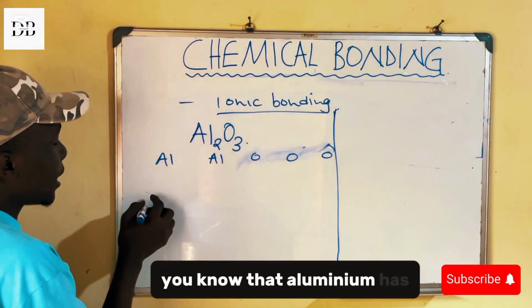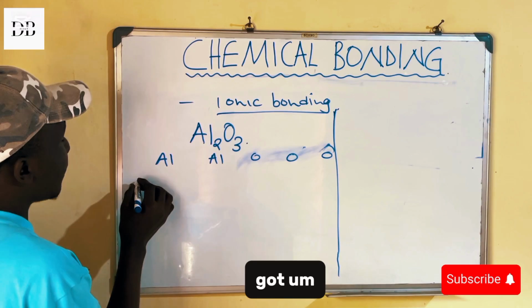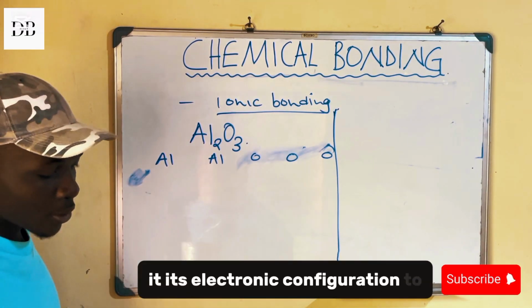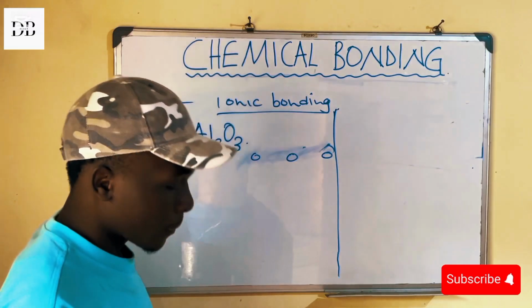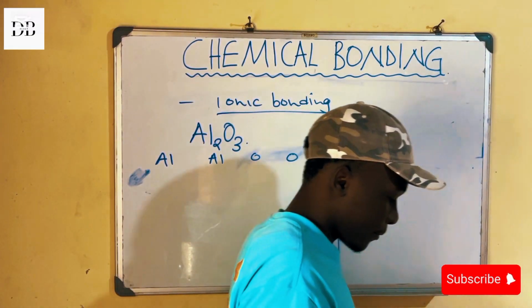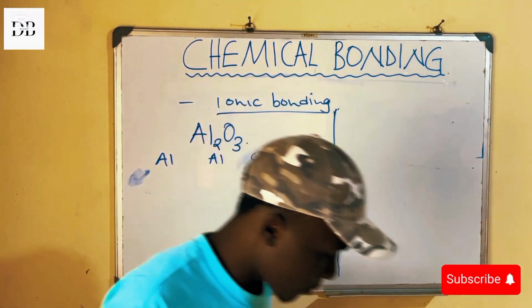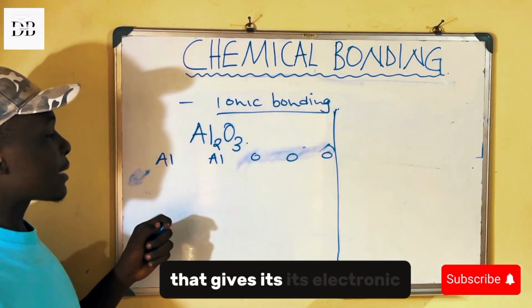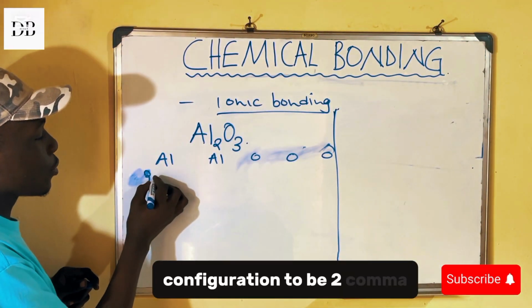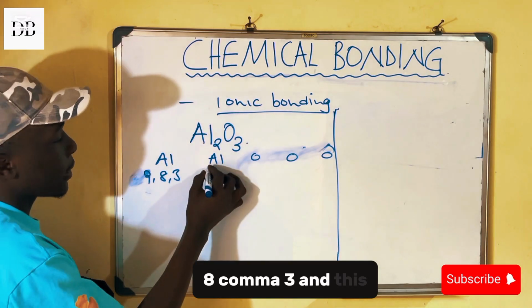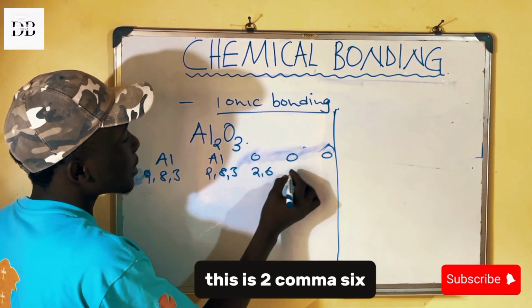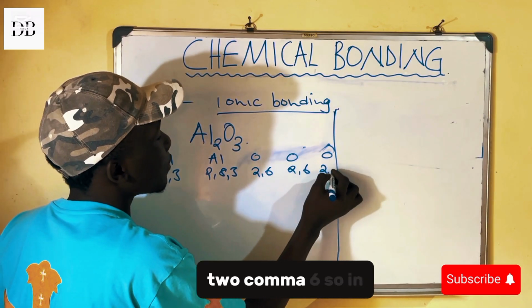You know that aluminium has got 27 and 13. That gives its electronic configuration to be 2,8,3, and this is 2,8,3. Oxygen is 2,6, 2,6, 2,6.